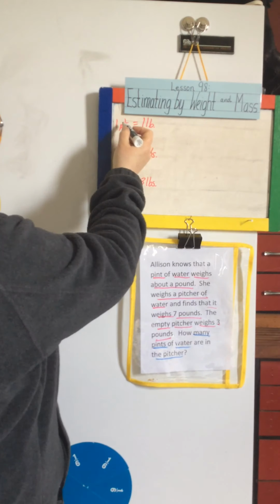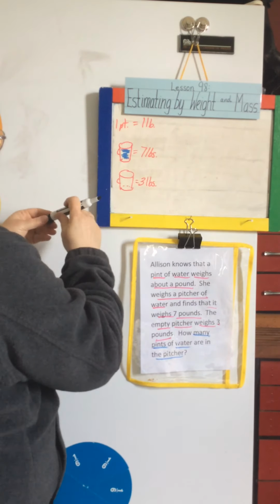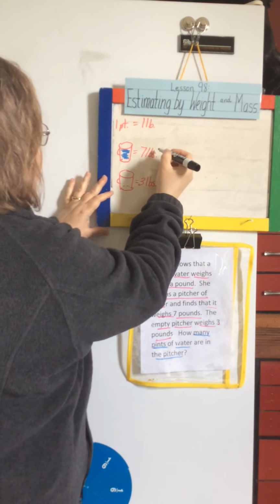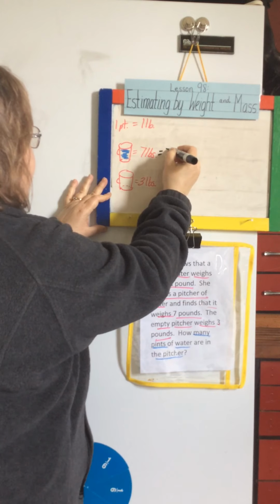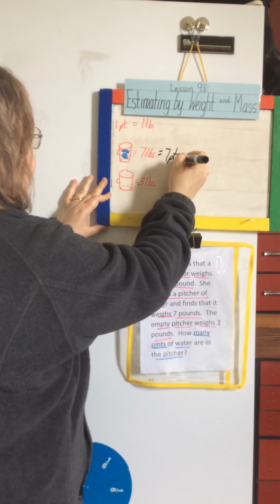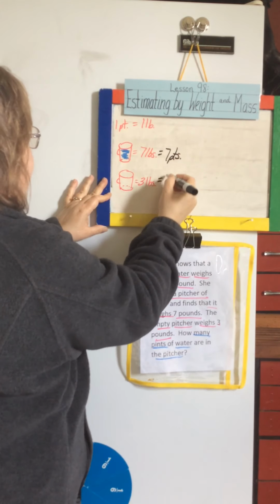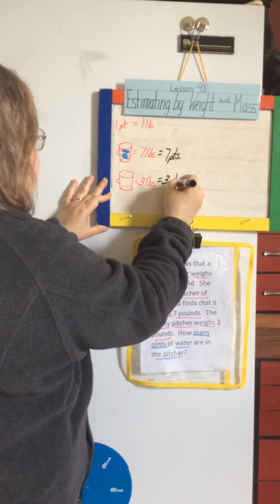Well, if 1 pound equals 1 pint, then the one filled equals 7 pints, right? And the empty one equals 3 pints.